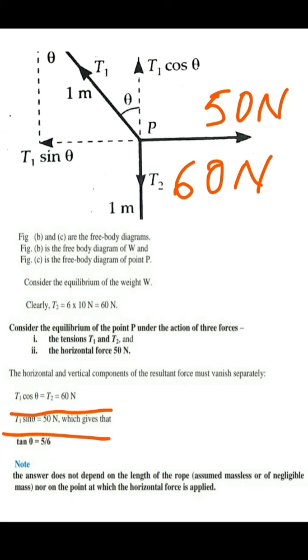Now divide the two equations, T1 sin theta by T1 cos theta. T1 will get cancelled, and we have sin theta by cos theta, that is tan theta. On the right hand side, we have 50 by 60, that is 5 by 6. So we get tan theta equal to 5 by 6. You can find the inverse value of tan theta and get the theta value. That is how we can do this problem. So only this much for today. Thank you.